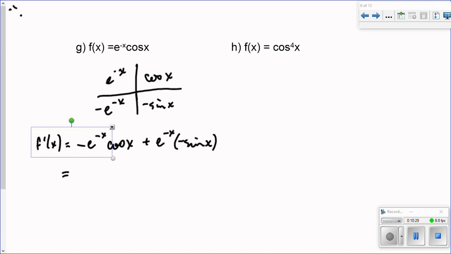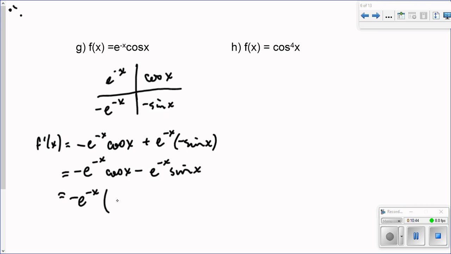And this simplifies down to negative e to the negative x cos x, negative e to the negative x times sine x, and I can take a negative e to the negative x out. That leaves me with cos x plus sine x.